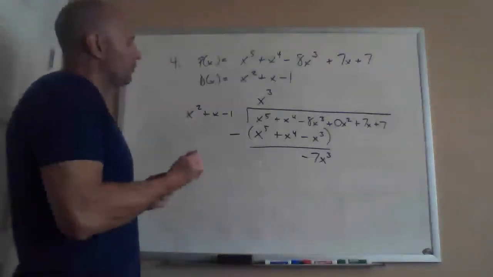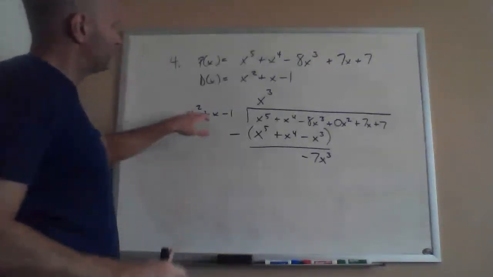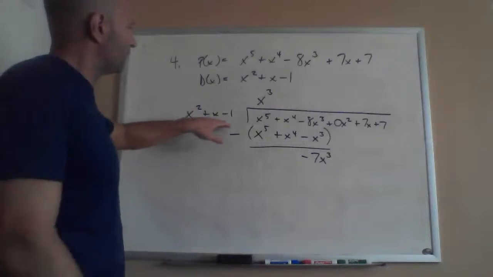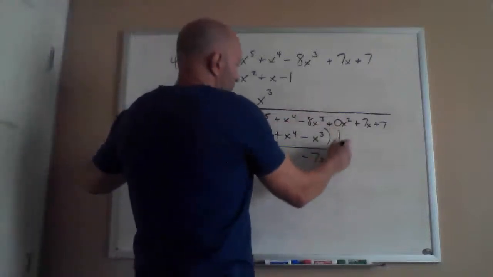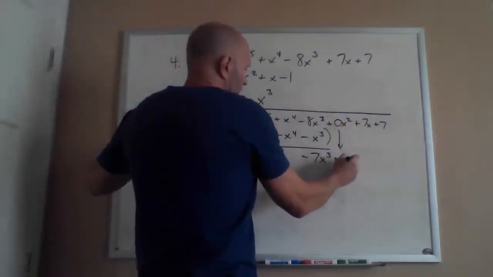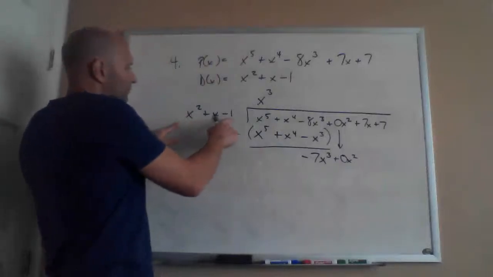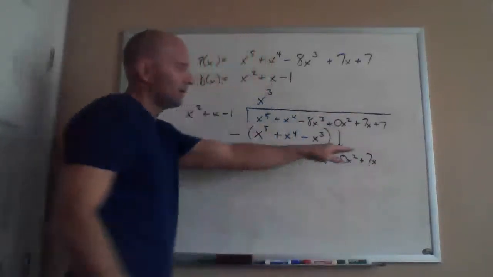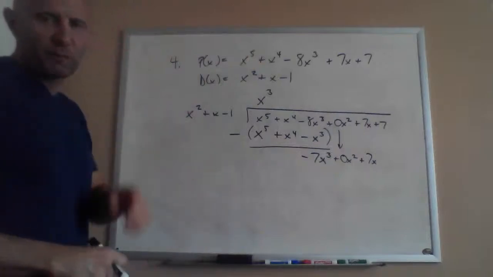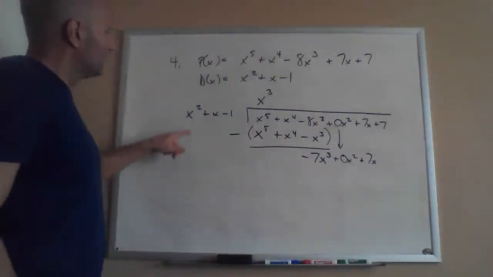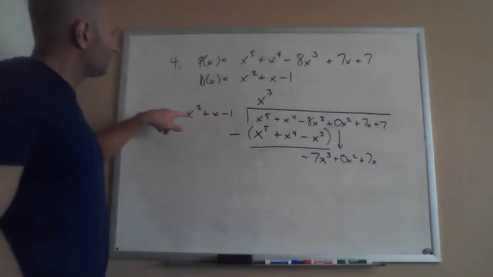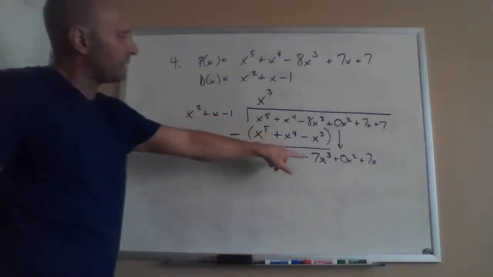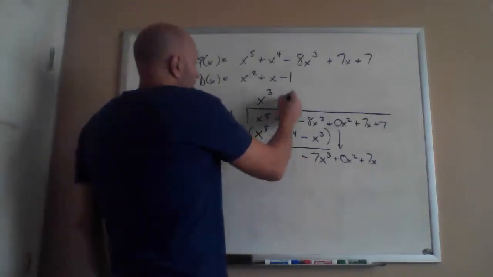Okay, good. So we have 3 terms here in our divisor. Normally I would just bring down 1 term, so 0x squared. But because I have 3 terms here, I need to bring down 2 terms in this case so that I end up with 3 terms to match up. So now, what do I have to multiply x squared by in order to get negative 7x to the third?